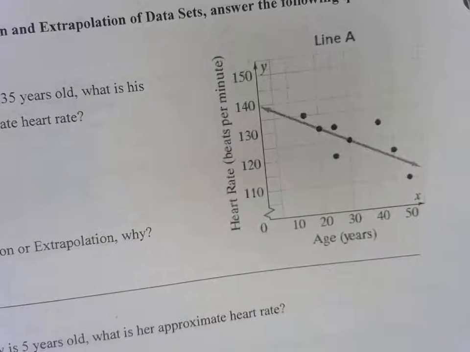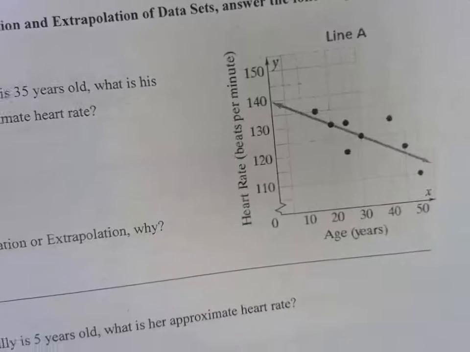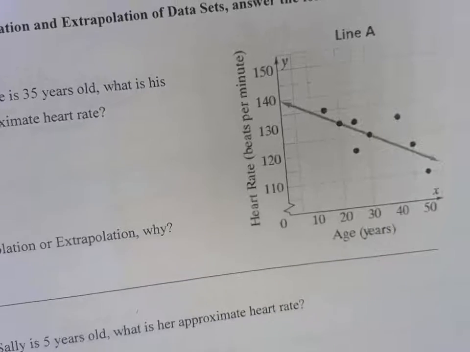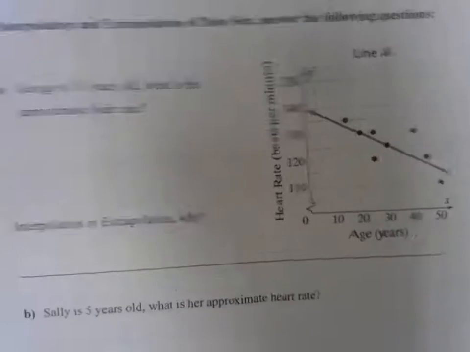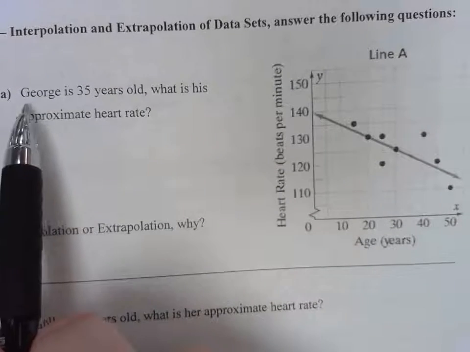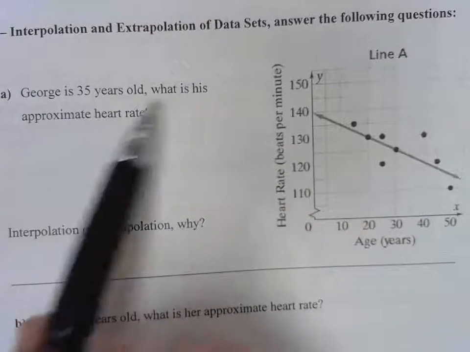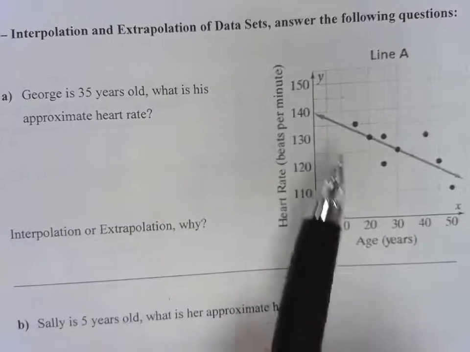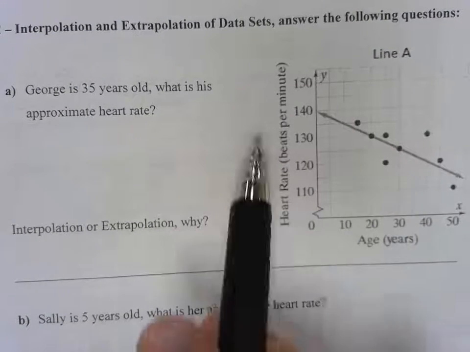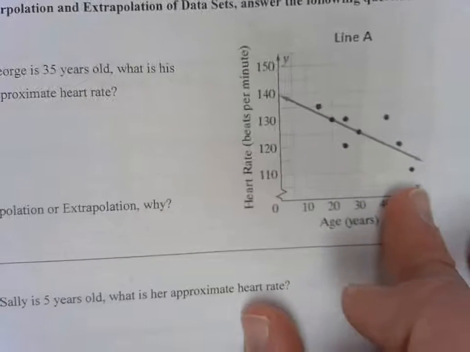Okay, let's look at A real quick, and then we'll be done. Next page at A. If I look at this graph, I want to know, George is 35 years old, what is his approximate heart rate? We kind of talked about this yesterday with the heart rate and the age. As the age went up, my heart rate went down.